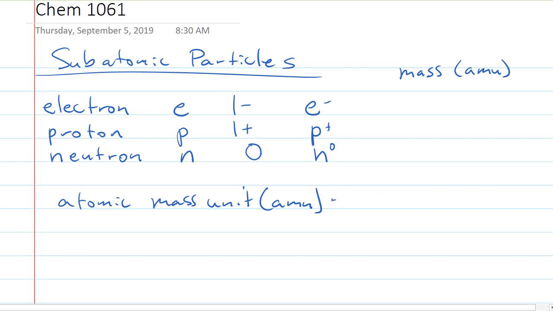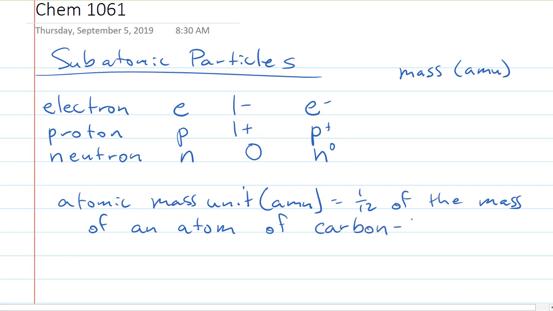And we define this as being 1/12 of the mass of an atom of carbon-12. We haven't really talked about what it means yet when we write a number after the name. We'll talk about that a bit here today. But we define the atomic mass unit as being 1/12 of the mass of an atom of carbon-12.